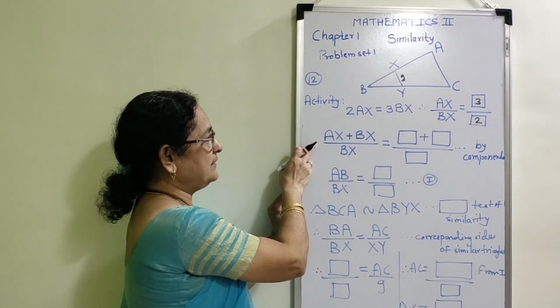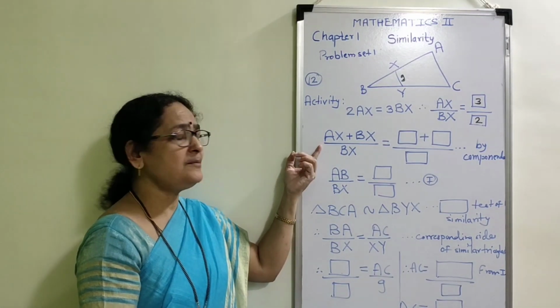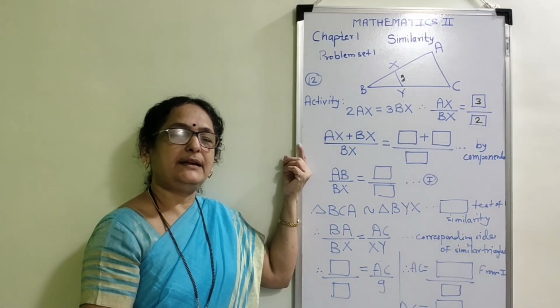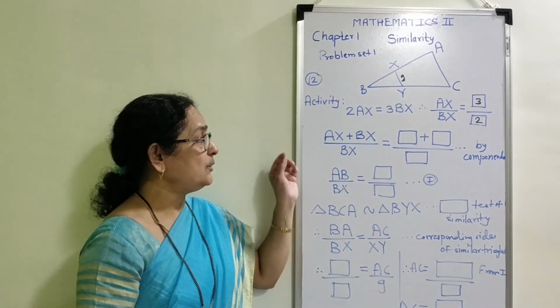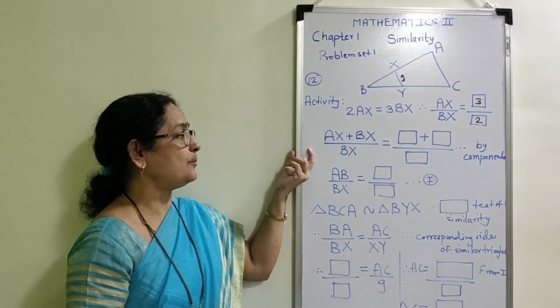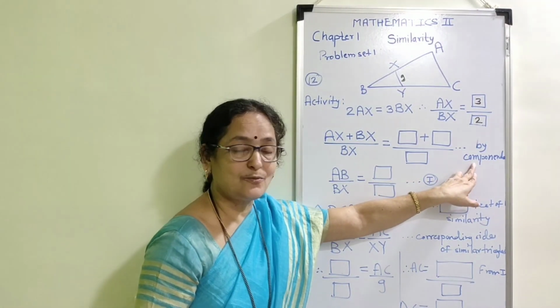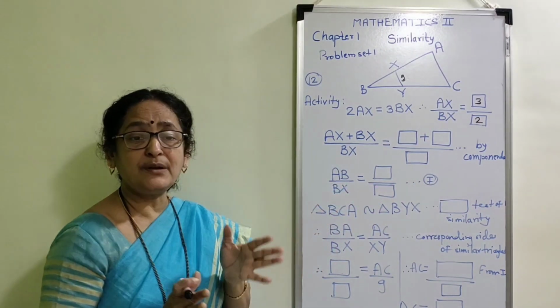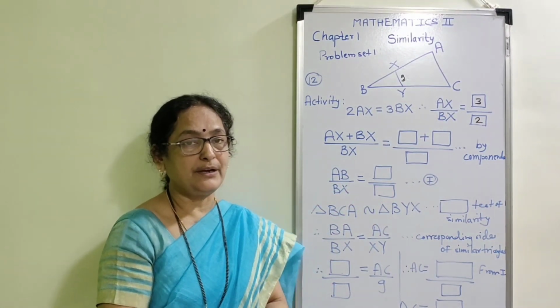Now in 9th standard, in the chapter ratio and proportion, you have completed many important properties, that is componendo, dividendo. Now here, from those properties, we are going to use one important property which is known as componendo. The meaning of the property componendo is add the denominator to the numerator.